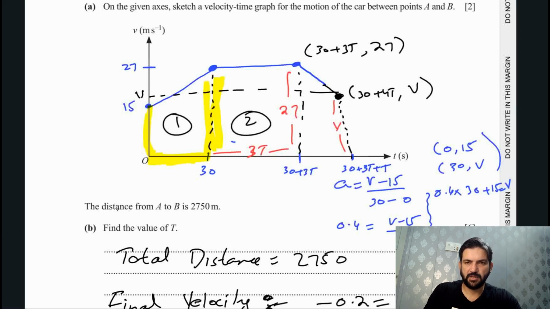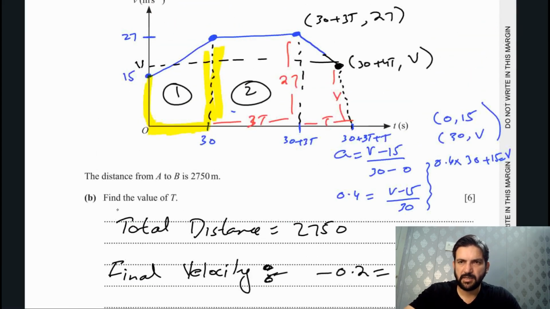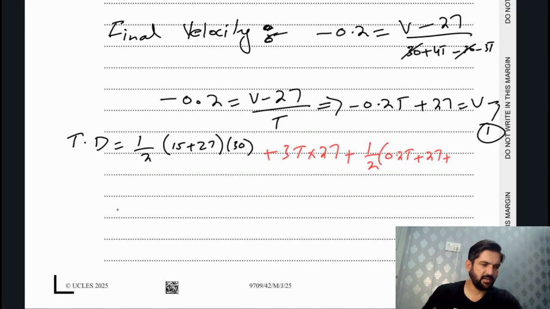Sum of the parallel sides into, now this length will be t again. So the sum of the parallel sides means 0.2t plus 27, plus 27 again, into t.